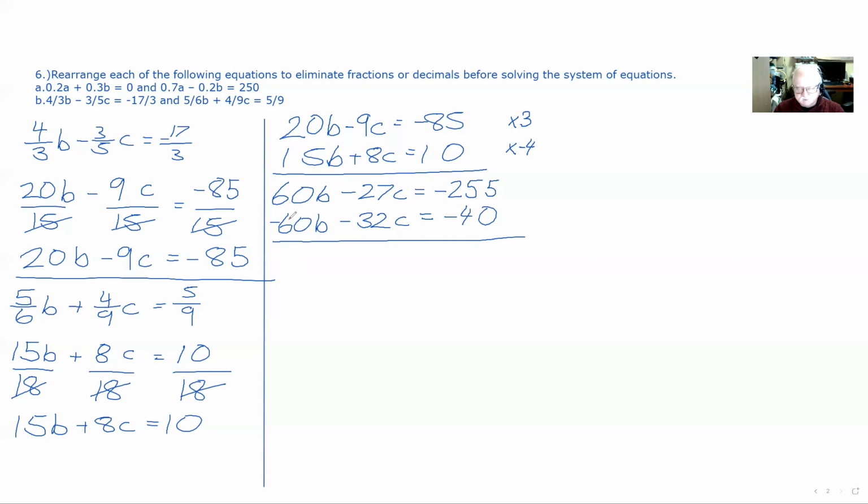Negative 27 plus negative 32 gives us a negative 59c, and negative 255 plus negative 40 is a negative 295. And at this point, we really hope that when we divide it through, it turns into a whole number.